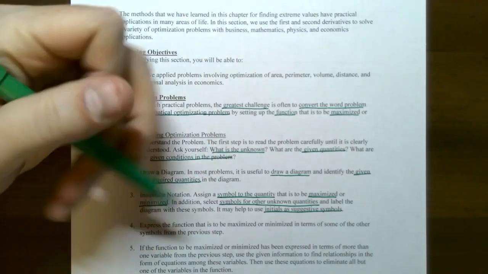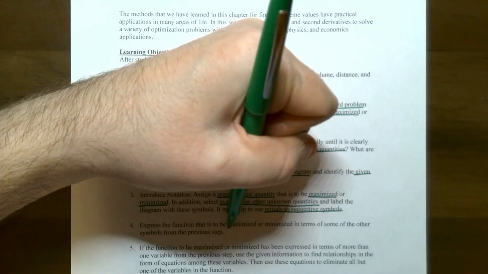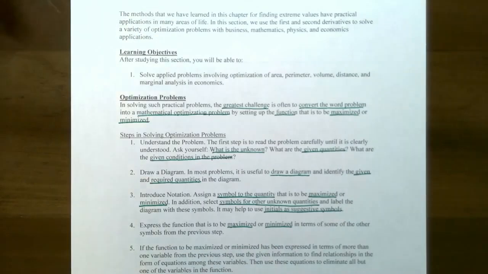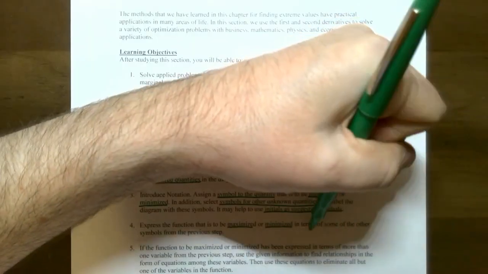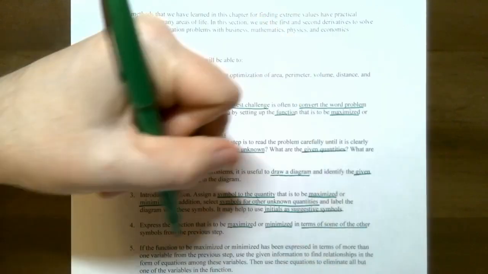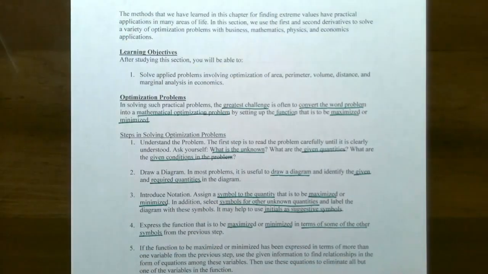Step 4, you have a function that needs to be maximized or minimized. Try to have the function related in terms of some of the other symbols or variables from the last step.